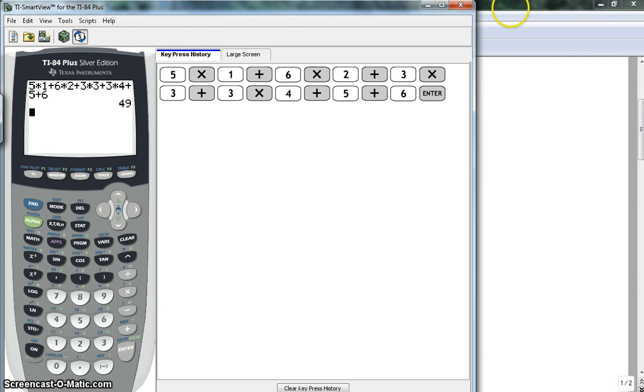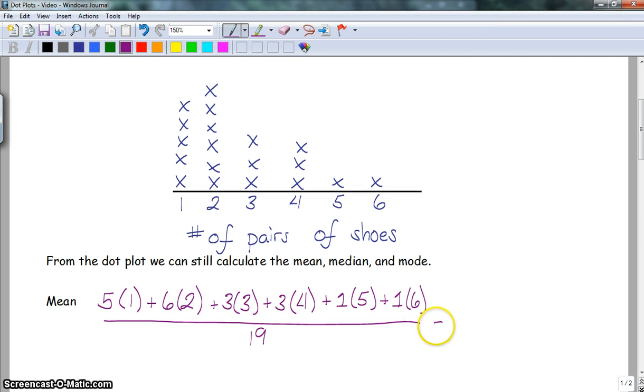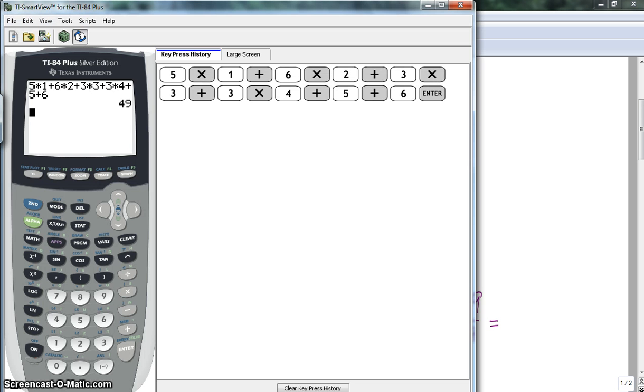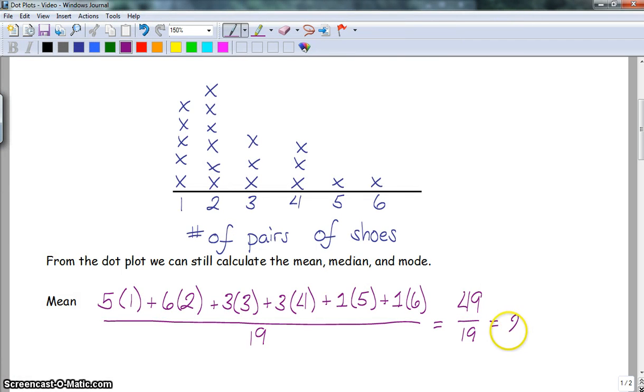You should get 49, still divided by 19. And 49 over 19 gives me 2.58 when I round. So there's my mean.